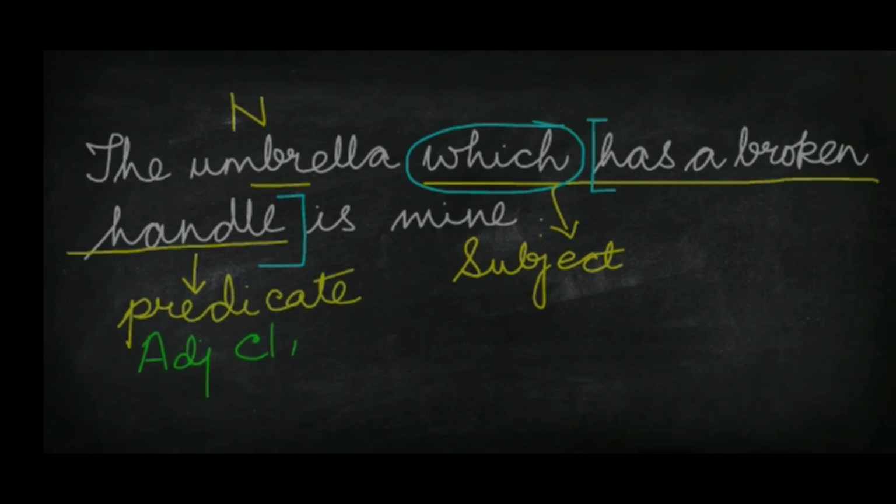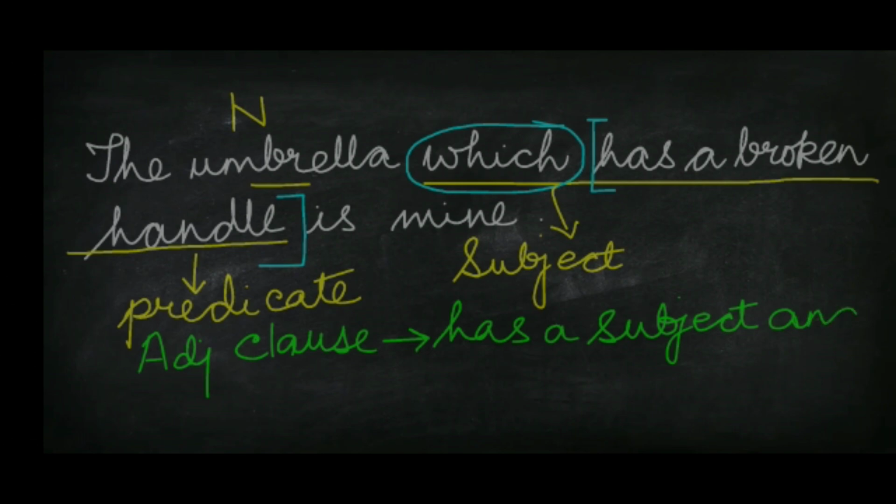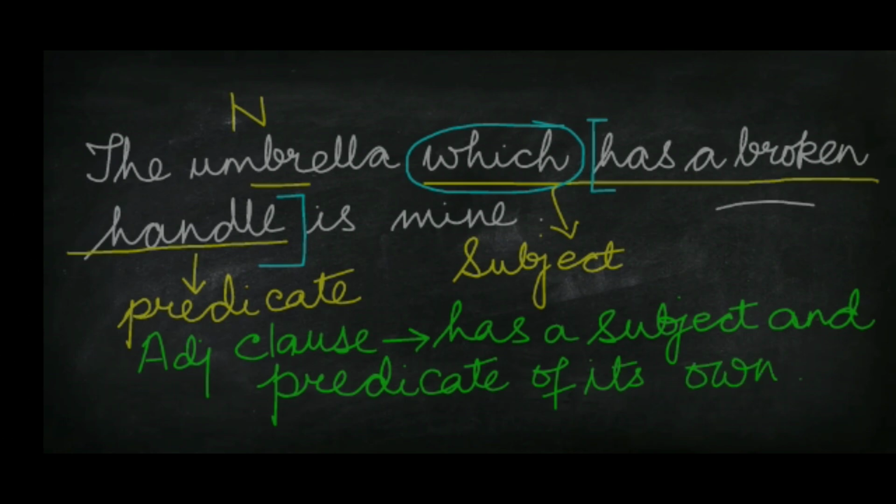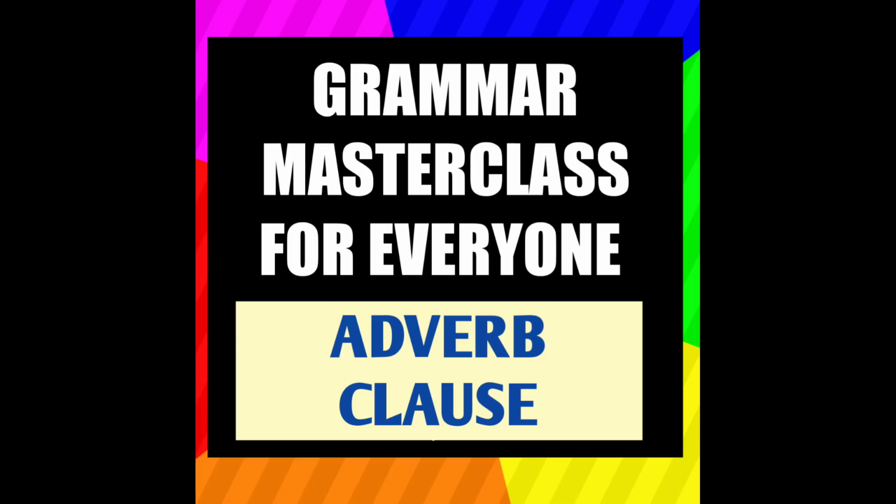Because an adjective clause has a subject and predicate of its own. In fact, all clauses have a subject and predicate of their own, and herein lies a difference between a clause and a phrase, because a phrase does not have a subject and predicate of its own. This is our adjective clause.